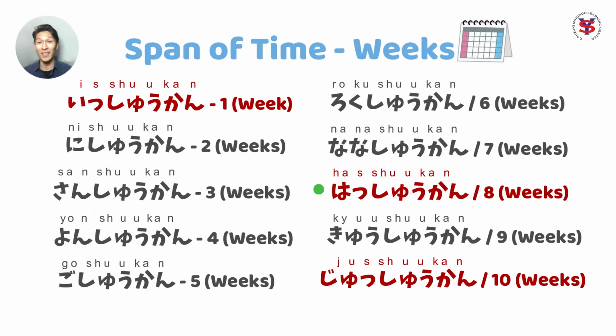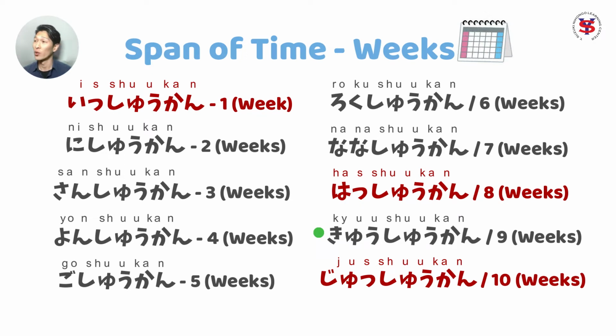Di ba? Yung 1 week, hindi siya ichishukan, ginawa natin siyang ishukan. I-extend natin ulit ang hachi. Tatanggalin natin ang chi, lalagyan natin siya ng maliit na tsu at magiging hasshukan. Alright? Now, when we go back to 9, we're gonna go back to our normal rule for 9 weeks.